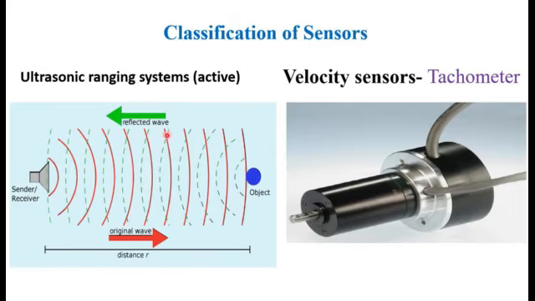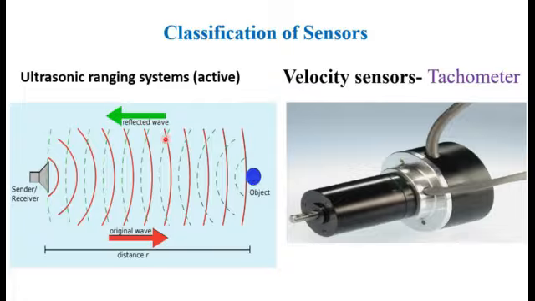Next is the ultrasonic ranging system, which is an example of an active sensor. In this system, the sensor sends out sound waves, and whenever an object comes in front of the sensor, the waves are reflected back.